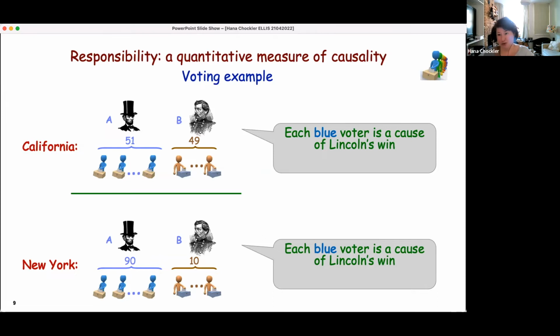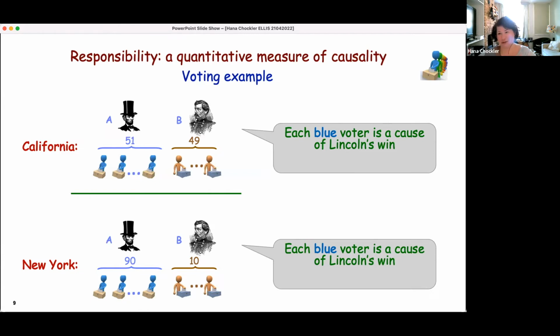I don't know the exact result with which he won, but let's assume for the sake of the discussion that each state had exactly 100 voters, and that a draw is not a win, so you have to get at least 51. The results in California were 51 to 49 to Lincoln, and in New York, they were 90 to 10 to Lincoln as well.